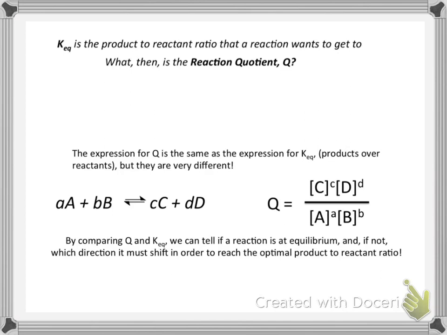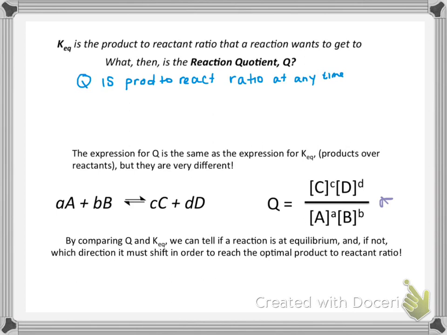So we have KEQ, and we know that it's the ratio of products to reactants at equilibrium. We have this other expression, Q, and we can see that it's very similar the way it's written to KEQ. All the reaction quotient is telling us about is where we are in relation to equilibrium.